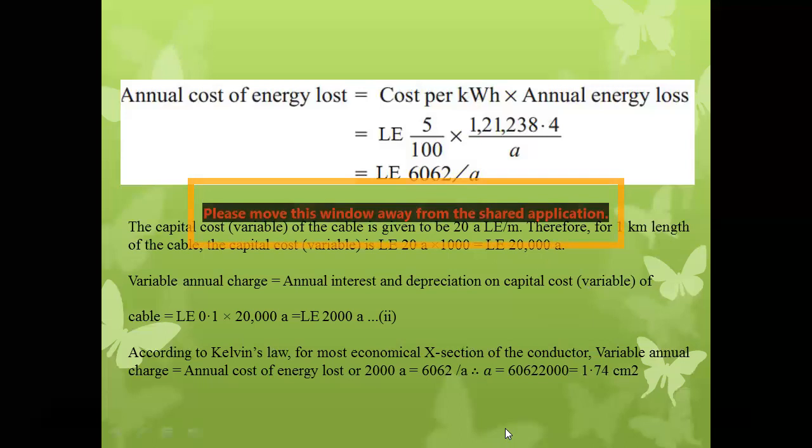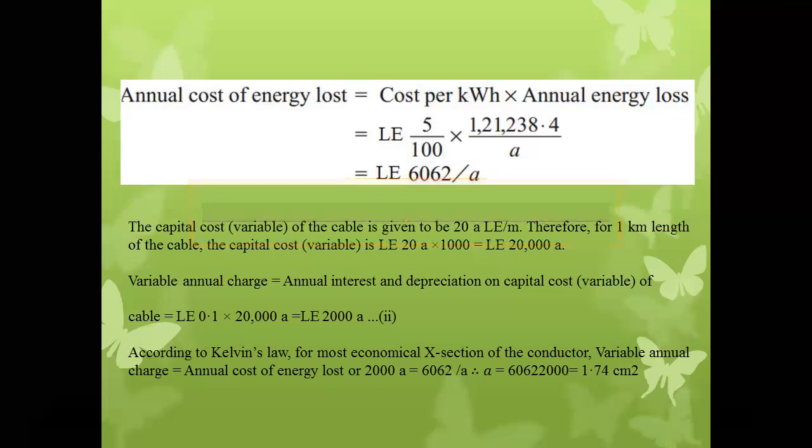According to Kelvin's law, for the most economical cross section of the conductor, the variable annual charge, or the running annual charge, is equal to the annual cost of energy lost.